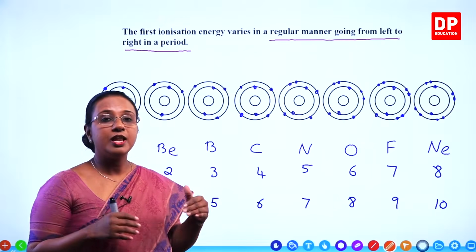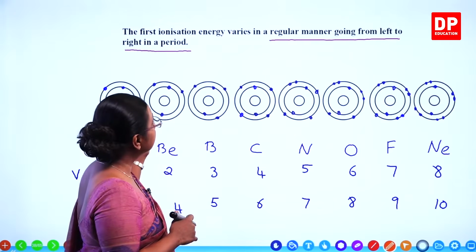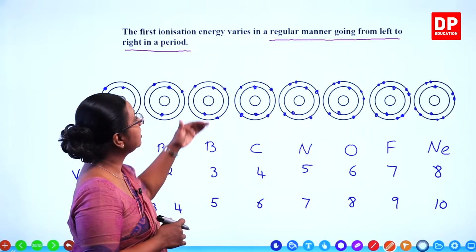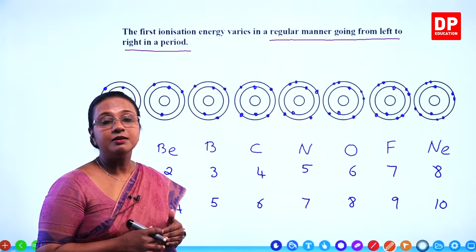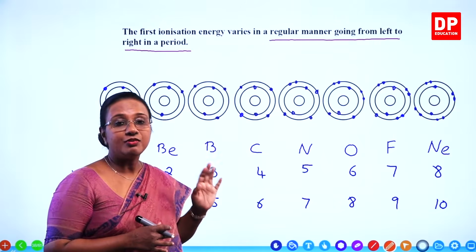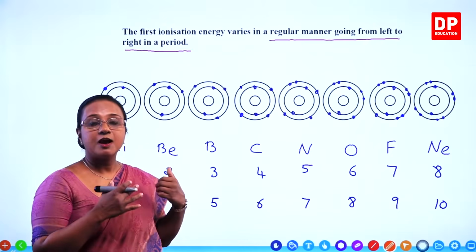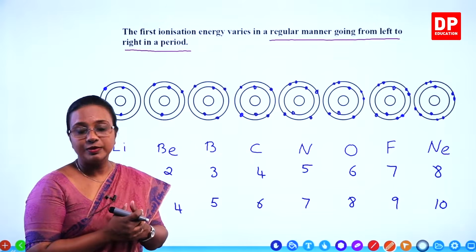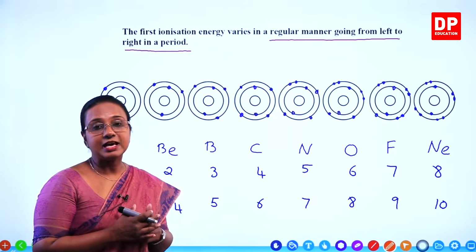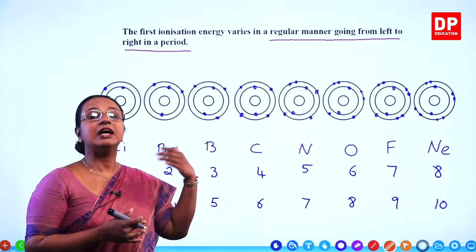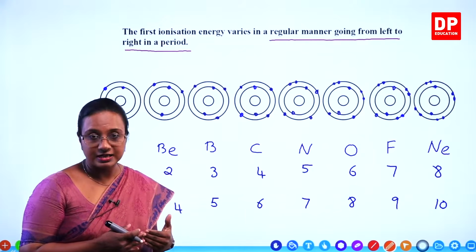But overall, you can see that the first ionization energy varies in a regular manner. The main reason is that the number of protons increases, therefore the attraction between protons and electrons increases. So we have to provide a higher amount of energy.